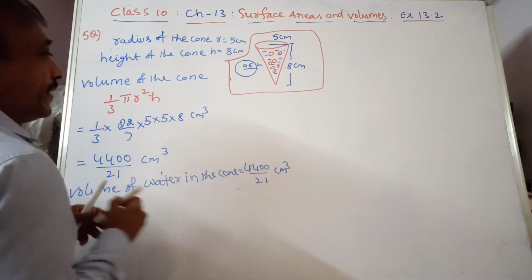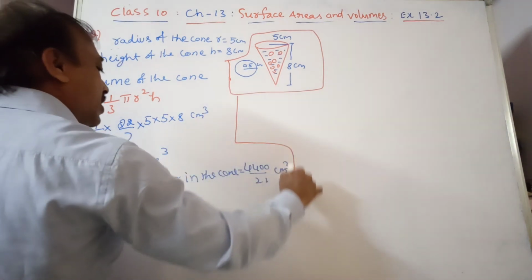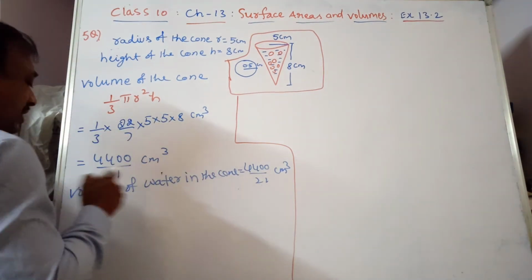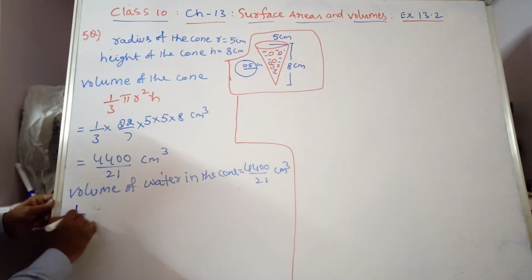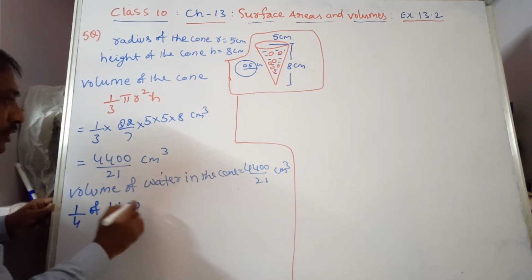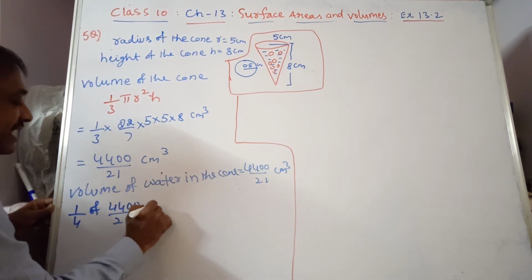But now we have to find out, when the lead shots are dropped in it, how much water is flowing out. It is 1/4 of the volume of water, 1 by 4 of 4,400 by 21 centimeter cube.